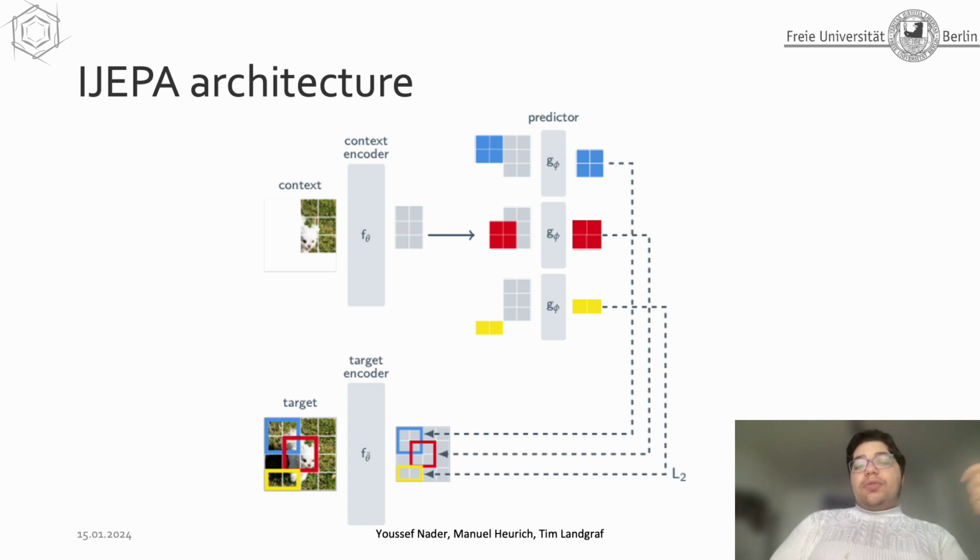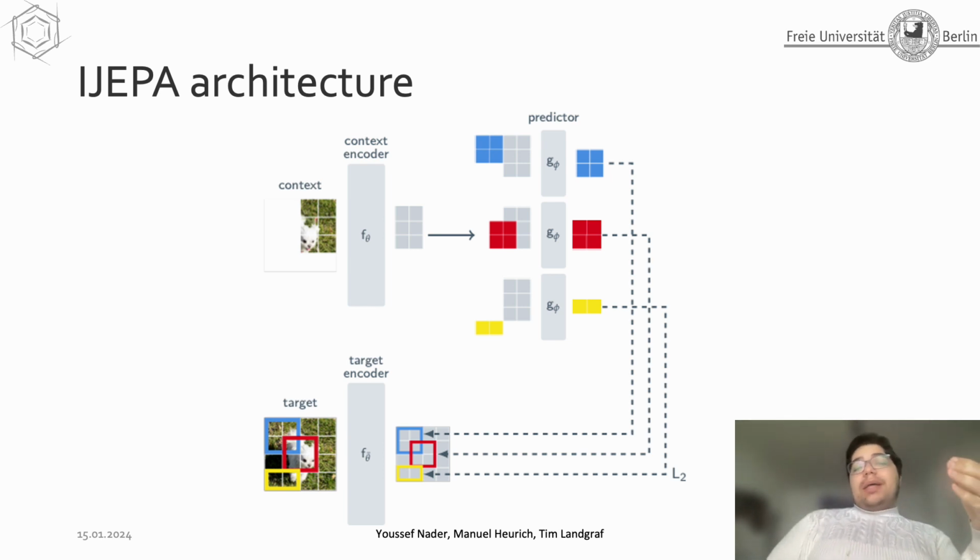And then we can do this for different patches. So we select another subset, like the red patches. We still have the same context for all of these patches, but we sample different targets, or different representations that we want to learn.